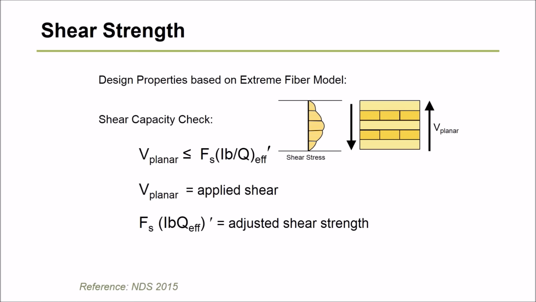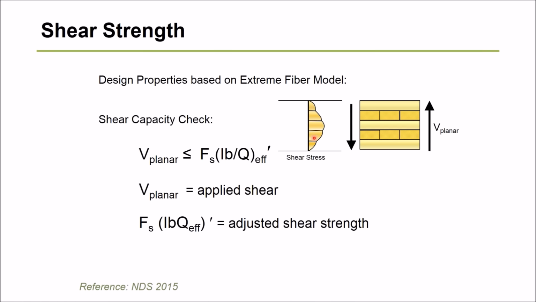For shear strength, there's something similar. We have an applied planar shear load, sometimes called a planar load, or sometimes called the rolling shear, which is the demand needs to be less than the capacity. And again, we have a term that looks like it's an allowable stress term. F sub S I B Q effective is the shear strength of the panel.